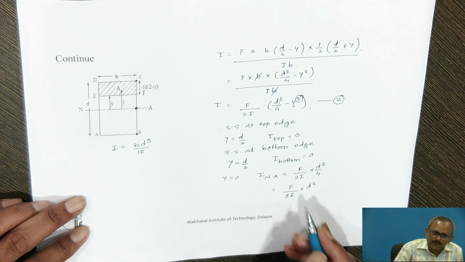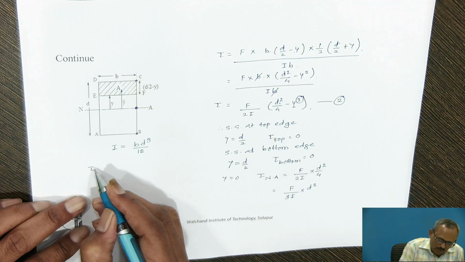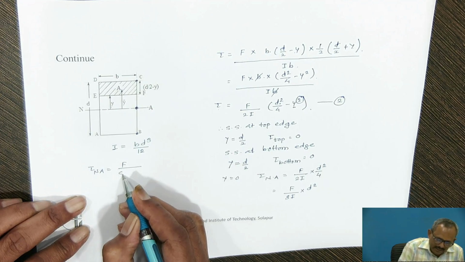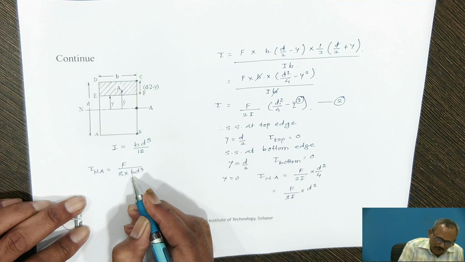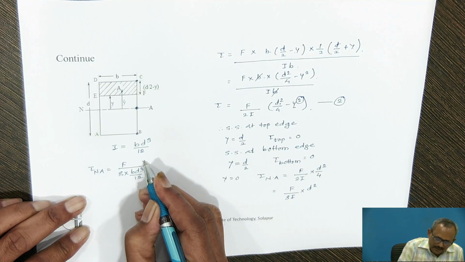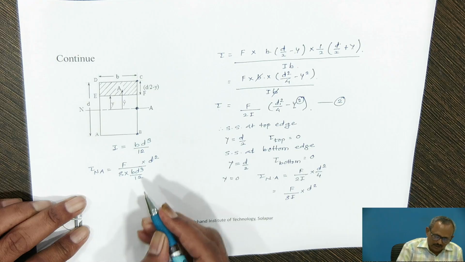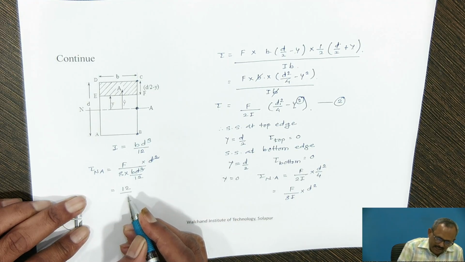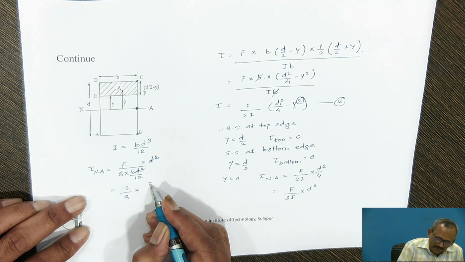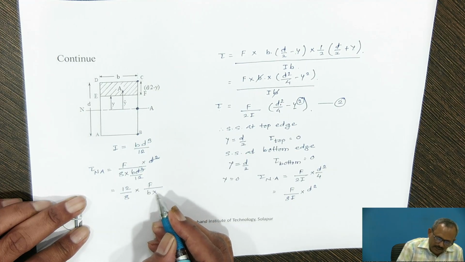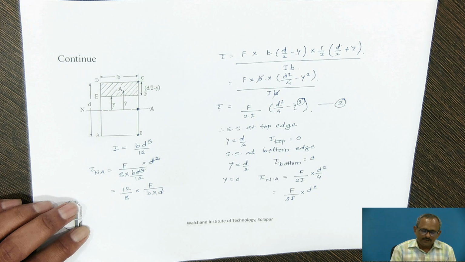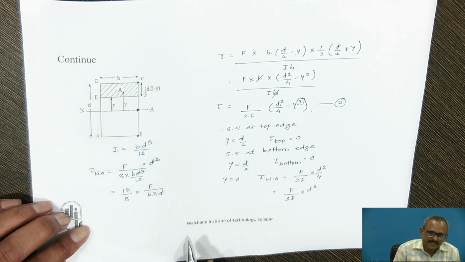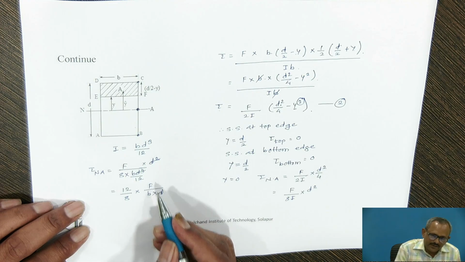Hence, putting the value of moment of inertia, tau at the neutral axis is equal to F upon 8 into (b d cube divided by 12) into d square. So d will get cancelled. You will get 12 upon 8 into F upon b into d, where b into d is nothing but the area of this rectangular section and F is the shear force.